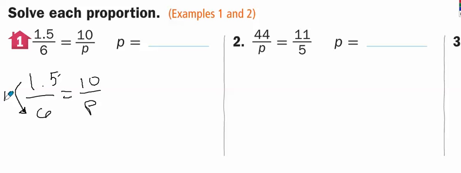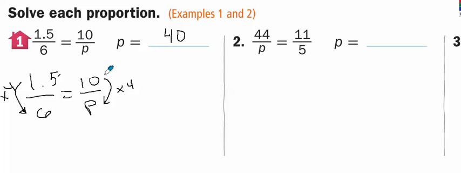So 1.5 times 4 gives us 6. If 6 is 4 times bigger than 1.5, then it would make logical sense that the value of p must be 4 times bigger than 10. Well, 10 times 4 puts our value of p at 40. So it's the same exact thing we did before.